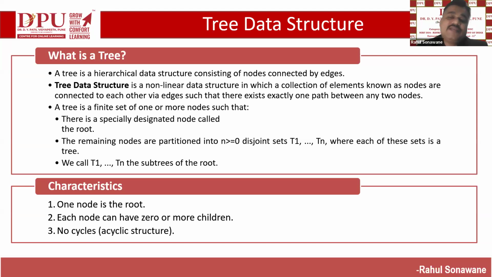So let's say there are n disjoint sets like T1, T2 up to Tn, where every disjoint set is representing a tree itself. Now, I hope you people are getting this particular definition. Now, from this definition, can anyone recall any concept of programming?